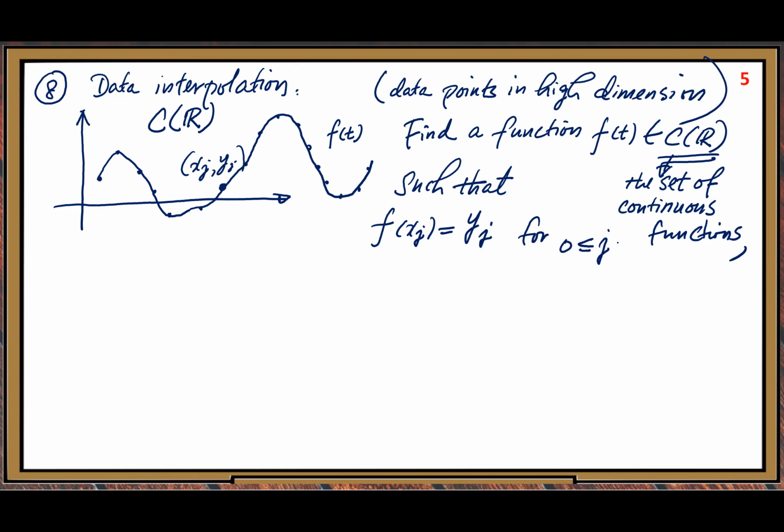Remember our data points, the subscript is in this range, starting from 0 and the last one n, from 0 to n. This property is given a name: the interpolation property.